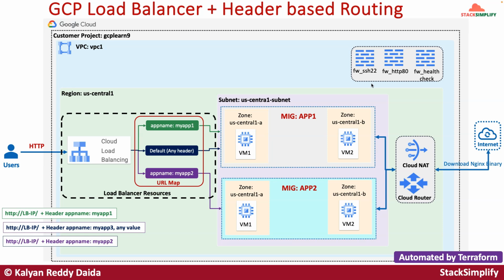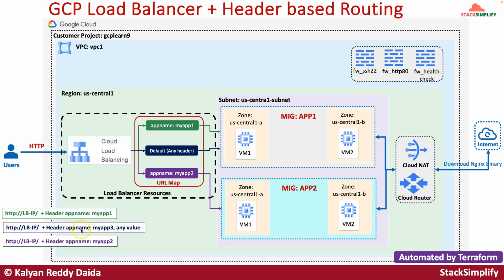After that, we are also going to implement custom header based routing in our load balancer. When you are using APIs, you will be sending a lot of things in a request and response model using SoapUI or RESTman. When you call your URL with a header app name equal to my app1, the request should go to the app1 managed instance group.